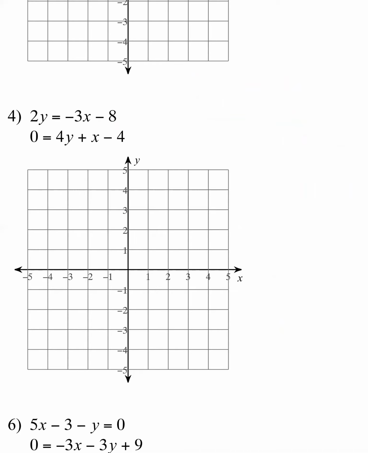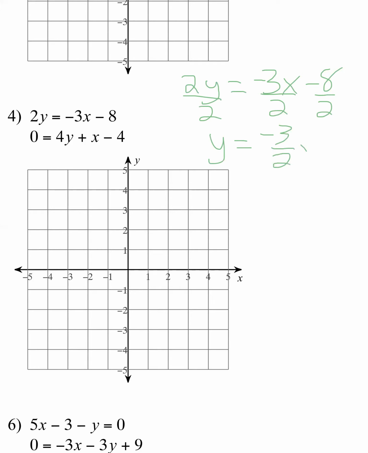Okay, the first one is almost ready to go. All I have to do is divide by 2, and then y will be by itself. Okay, that one's good to go now. So I'd start at -4 and down 3 to the right 2. I can't really do that, so I'll go up 3 to the left 2. Up 3 to the left 2.